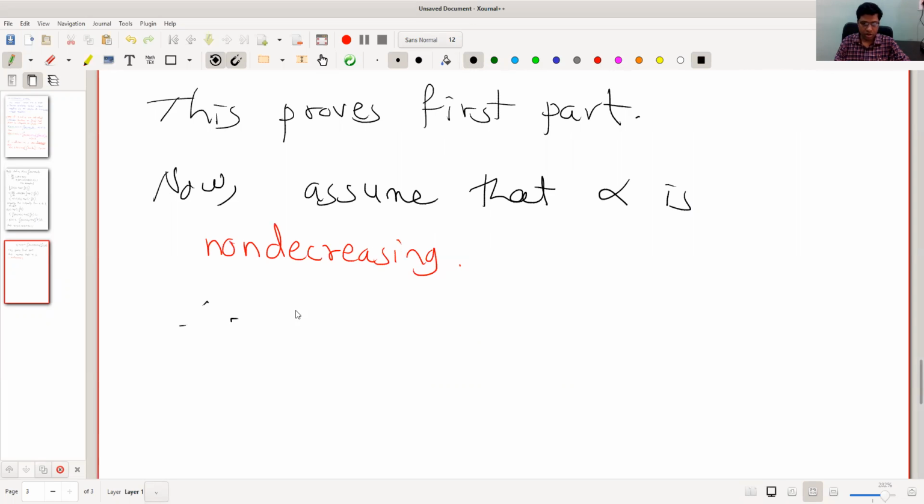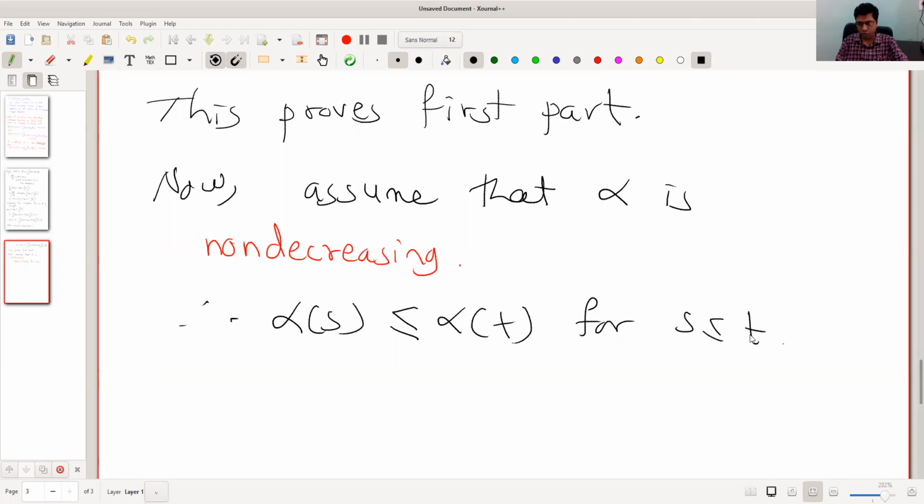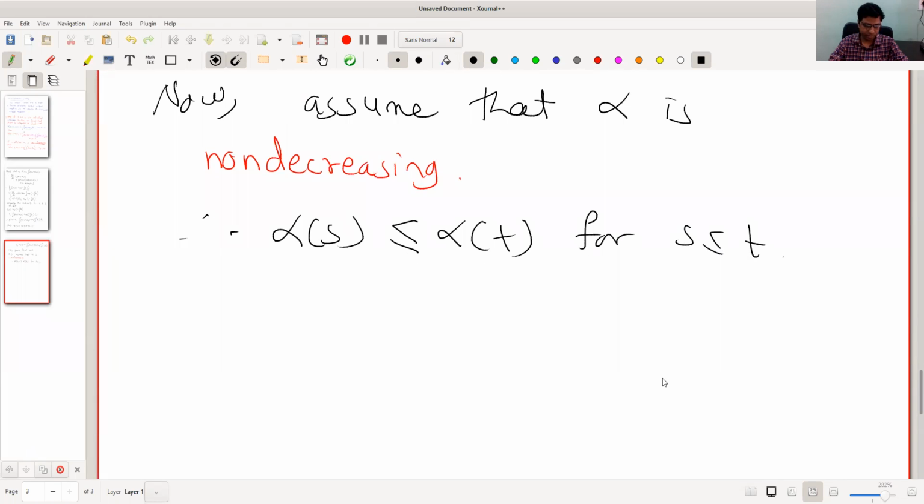Therefore, alpha of s is less equal alpha of t for s less equal t. Okay. If we take two numbers in the interval ab, s and t, such that s is less equal t, then alpha of s is less equal alpha of t. Okay, because alpha is non-decreasing.